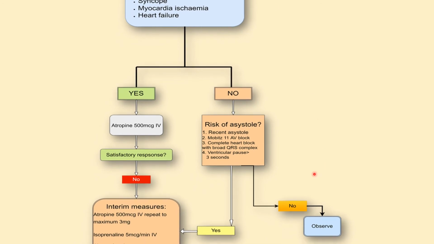If any of these risk factors are present, patients should be treated with atropine followed by transvenous pacing with or without isoprenaline, or transcutaneous pacing, as the clinical situation dictates. In the absence of risk factors for asystole, patients can be observed and monitored.